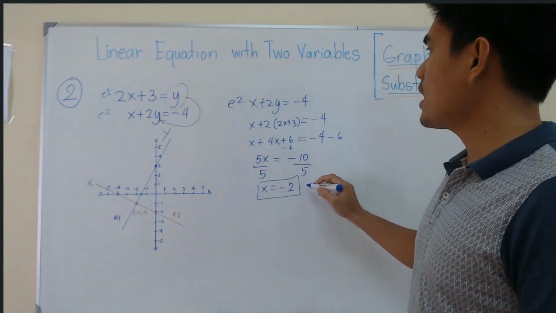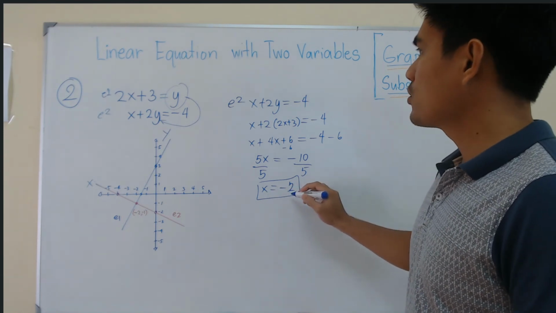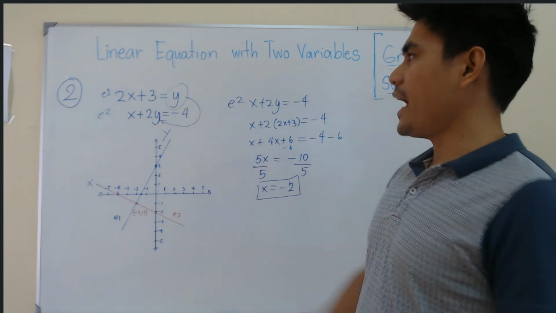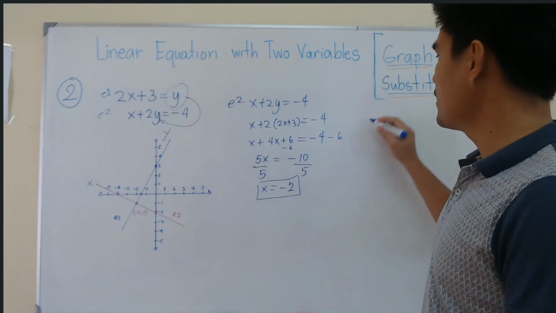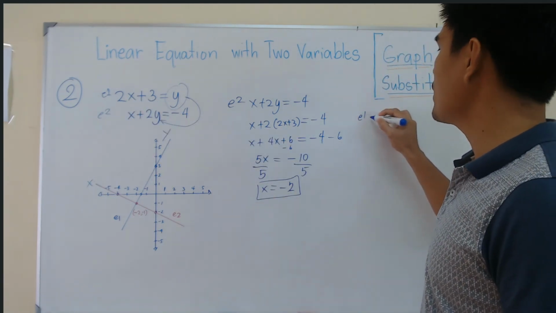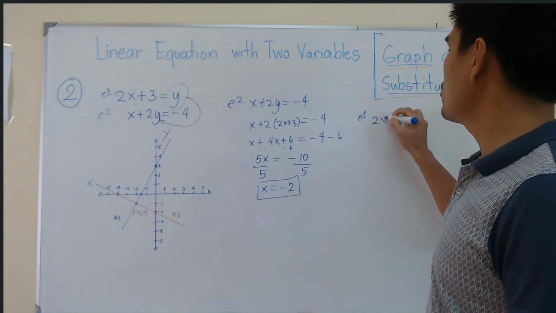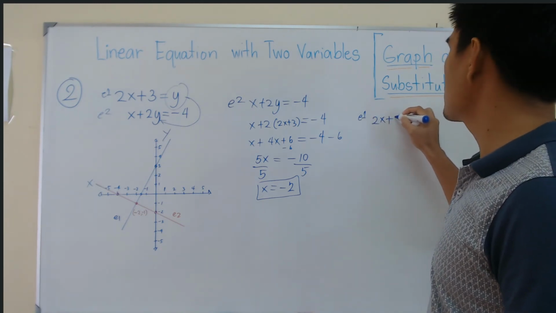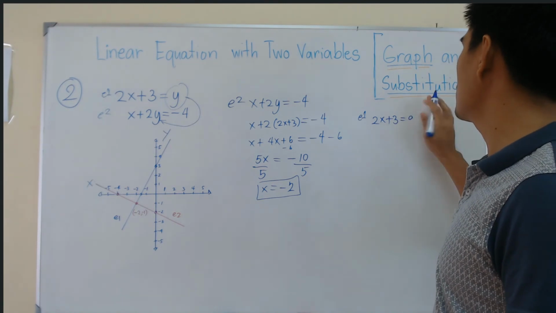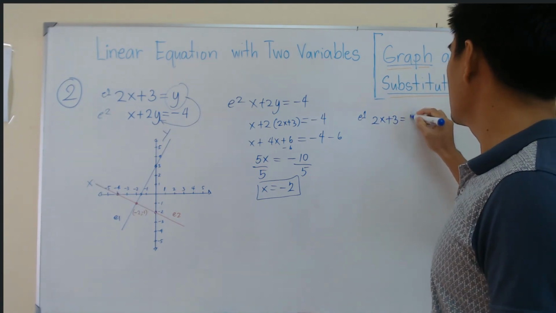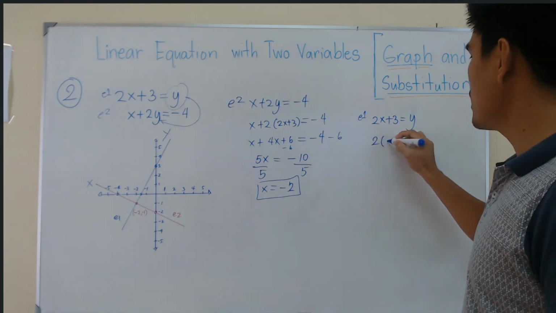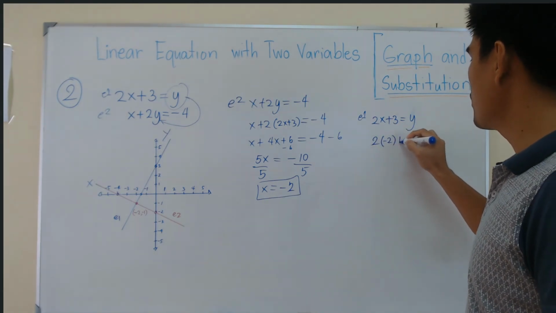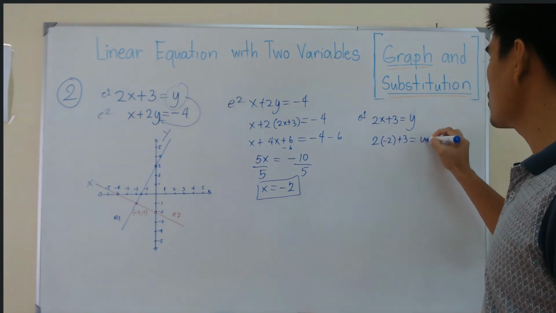Next, we will substitute x into any equation. So we have here equation number 1, 2x plus 3 is equal to y. Substitute x, so we have 2 times negative 2 plus 3 is equal to y.